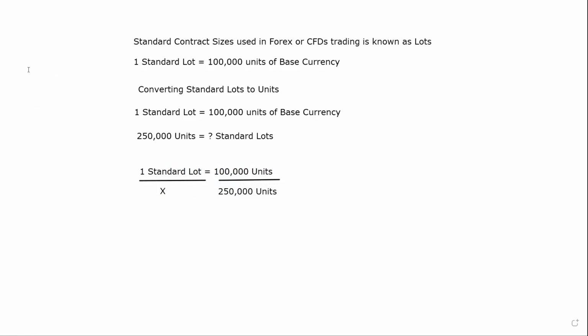The same way, we cancel units by units. Then we are left with this one. Now we cross multiply: 100,000 with this one and standard lot with this one. So we cross multiply and figure out the answer. The answer would be 250.